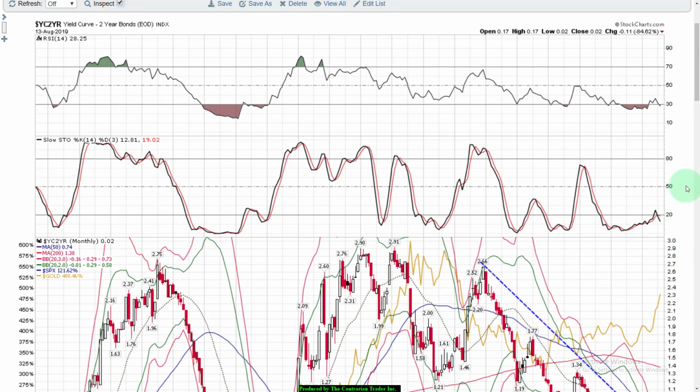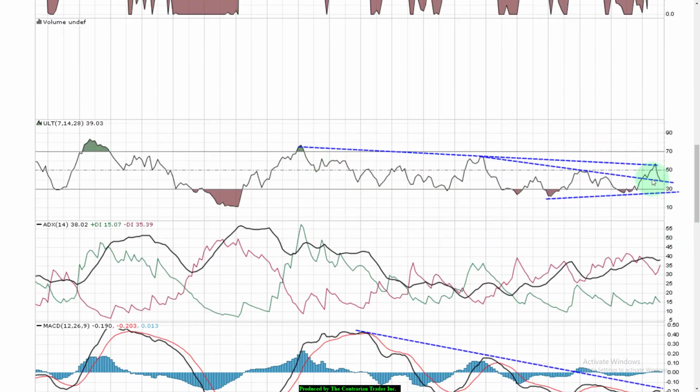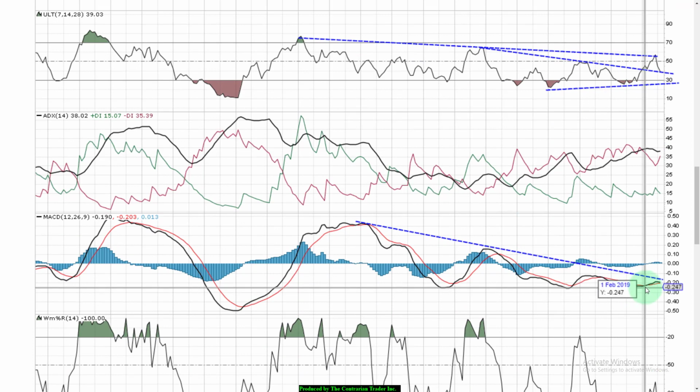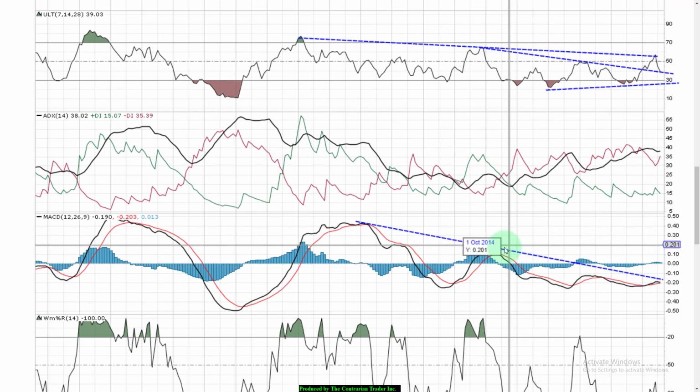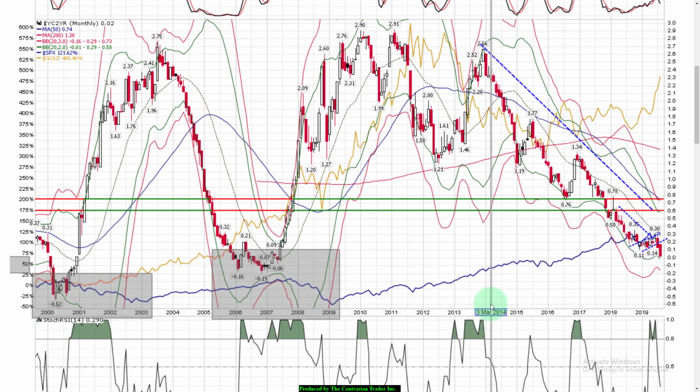We are rolling over on Stokes, rolling over on RSI. We are holding support on Ultimate Oscillator. We do have a higher low on MACD, but still we are putting in lower highs. This is a weak chart with very little observations that I can make that are optimistic. For the most part, net, this is a bearish chart.